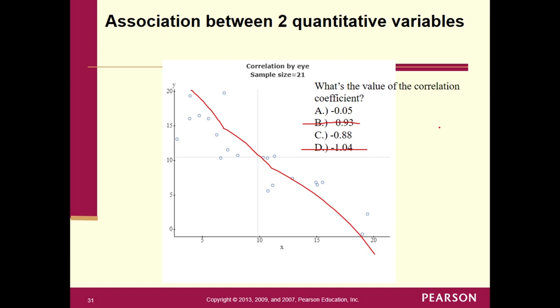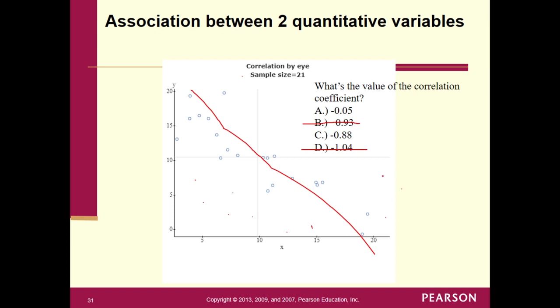So we should ask ourselves, what would a negative 0.05 look like? Well, that's pretty close to 0, so that's saying a pretty weak relationship. With a negative 0.05, I think you would have dots that are pretty spread out, more like this.